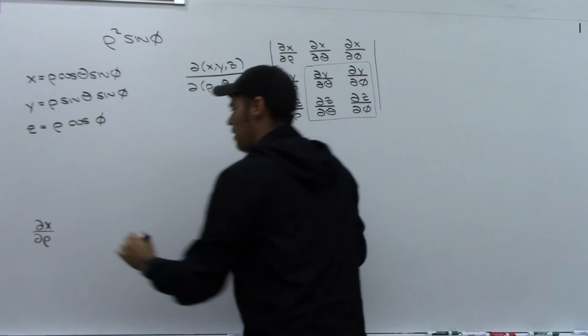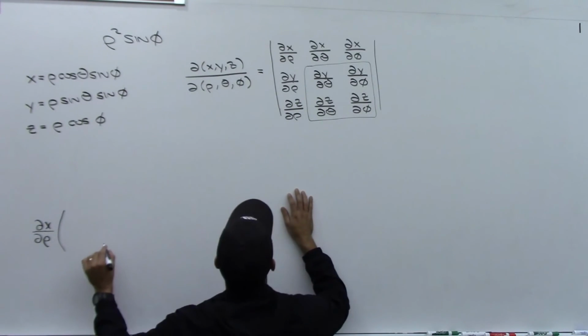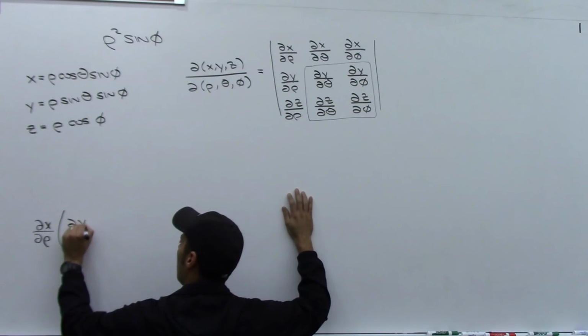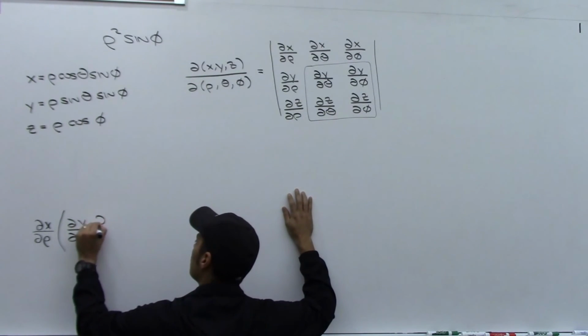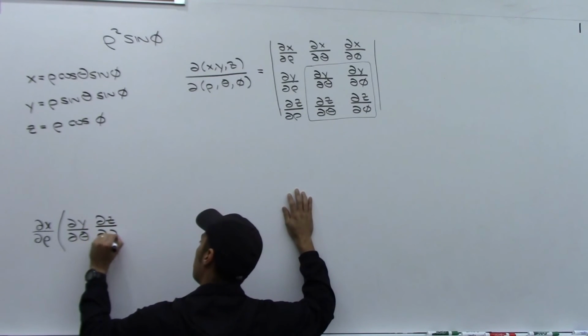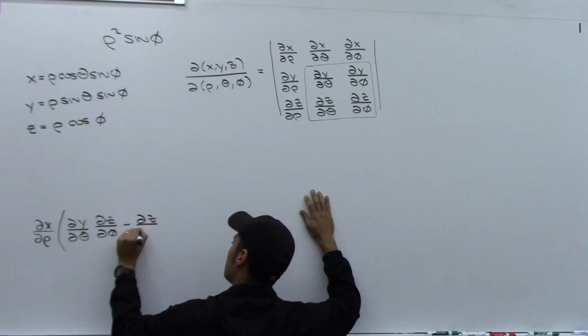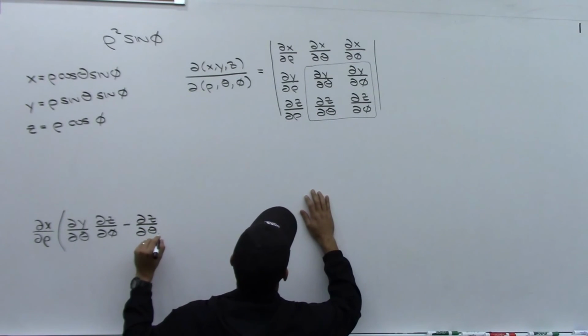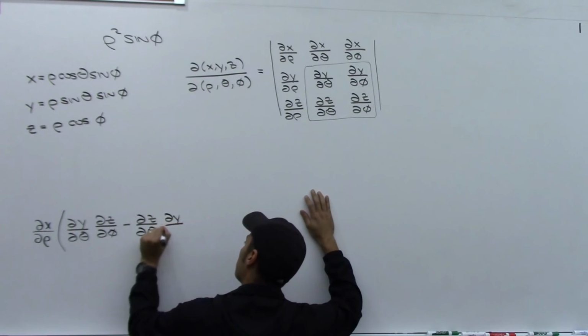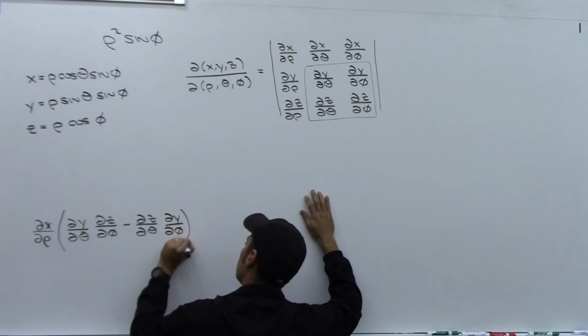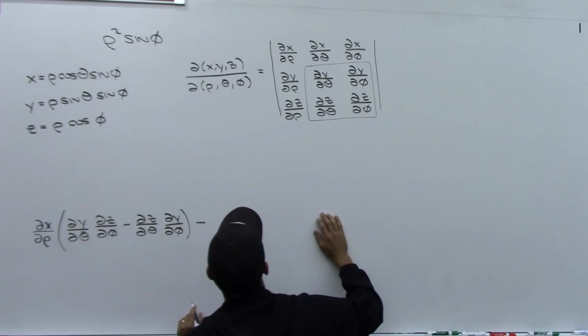So the determinant of that is partial y with respect to theta, partial z with respect to phi, minus partial z with respect to theta, partial y with respect to phi, minus, because remember that's what you do, you switch.